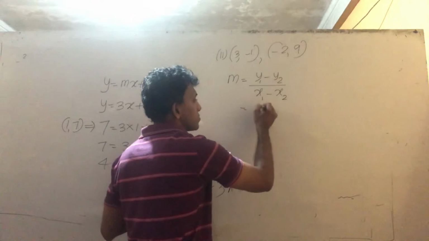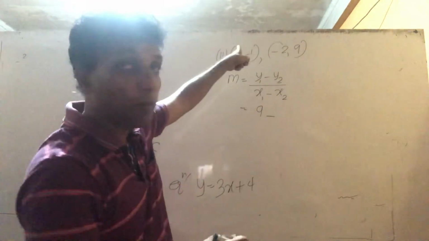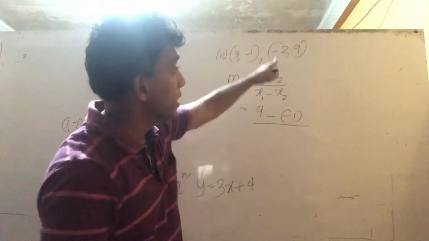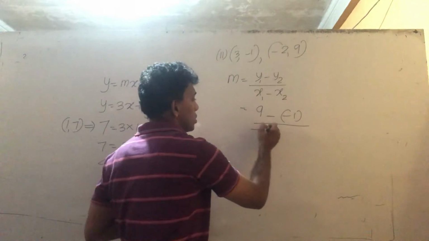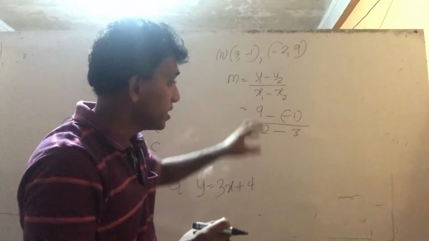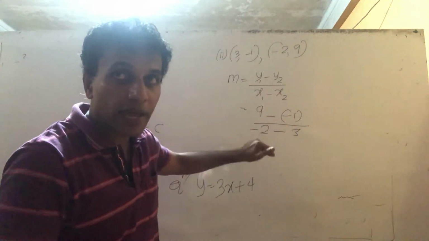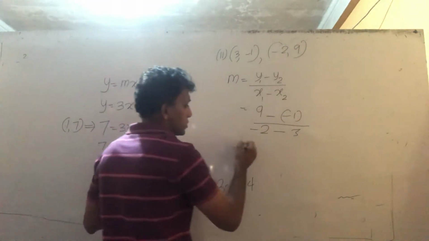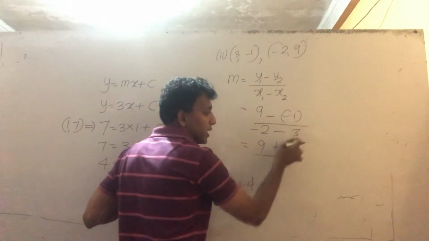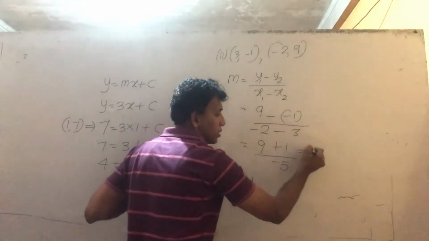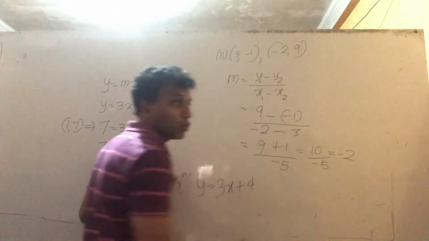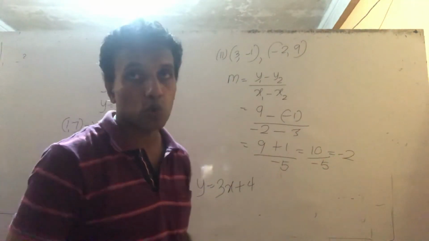So 9 subtract, in the same order, minus 1, divided by, here x is minus 2, subtract 3. Don't misuse it: take the y values in one order and take the x values in the same order, otherwise you get a different answer. So 9 minus minus 1 becomes plus 1, and minus 2 minus 3 is minus 5. So 10 over minus 5, that is minus 2. The gradient is minus 2.